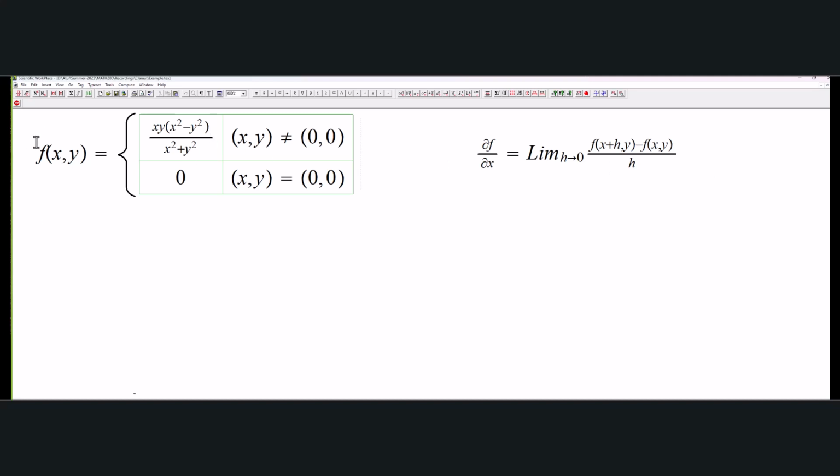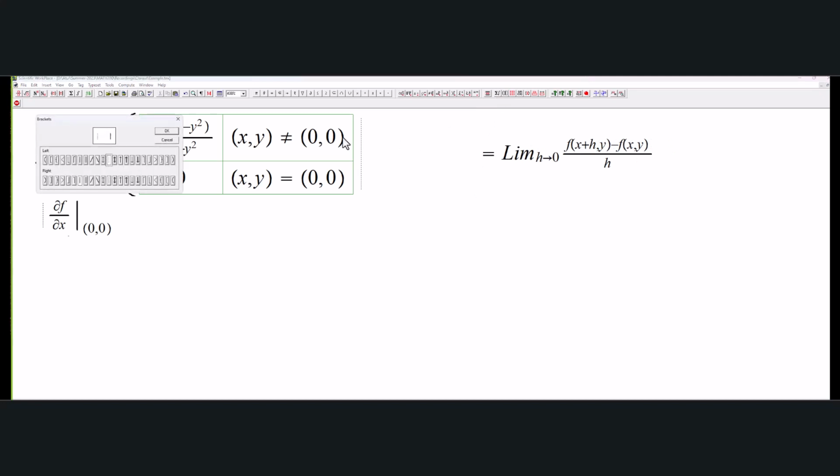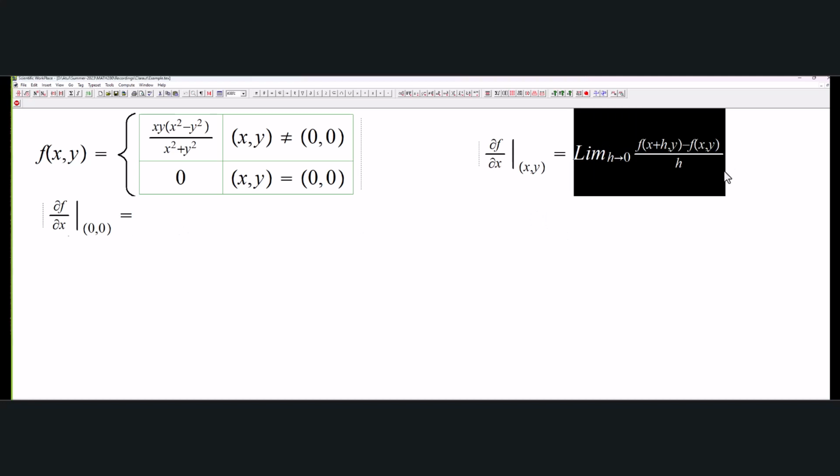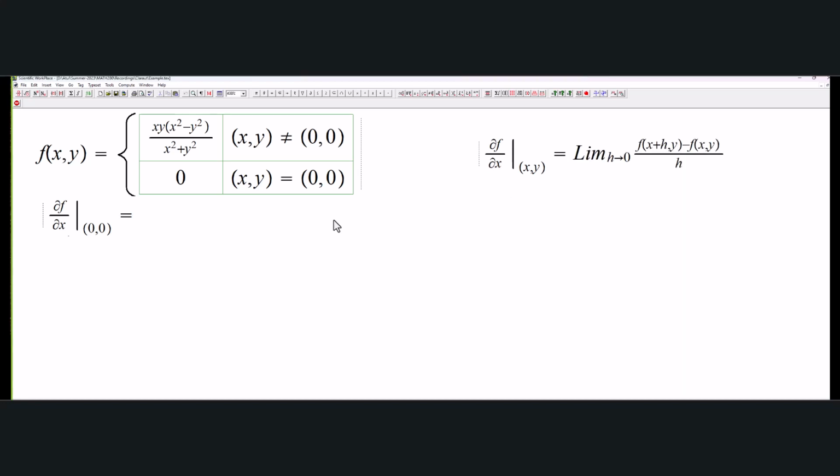So here is the function, and this is the definition that we have. What we would like to do is calculate the partial derivative and mixed partial derivatives at the point 0, 0. This definition tells us how to take partial derivatives at any point x, y, but here we are calculating it at 0, 0. Let's put this in perspective.